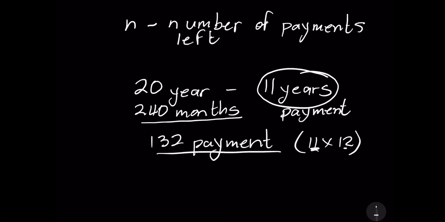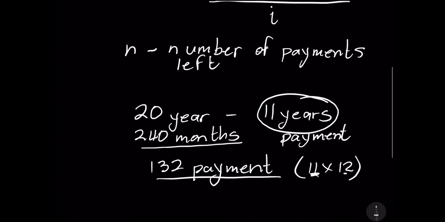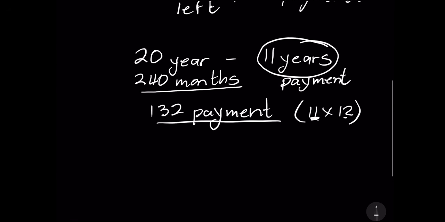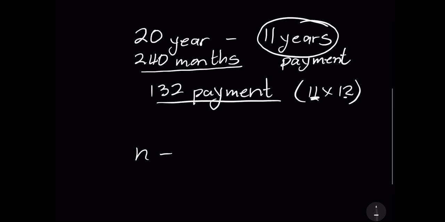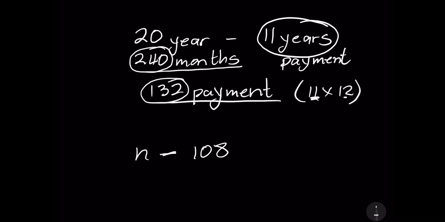What would n be if you use this formula? n would be the number of payments you still have outstanding. The total number of payments is 240, and you've made 132, so you still have 108. You'd use n as 108 in this case.